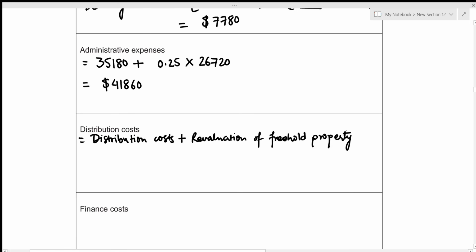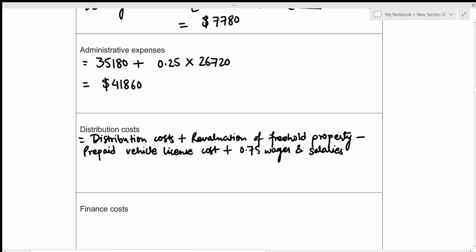Then we had the prepaid delivery vehicle license, and since we're talking about a prepaid, we actually need to subtract it because we don't want to include it in our distribution cost for this particular year. So that's prepaid vehicle license cost. Then we also need to include 75% of wages and salaries, so that's 0.75 wages and salaries.